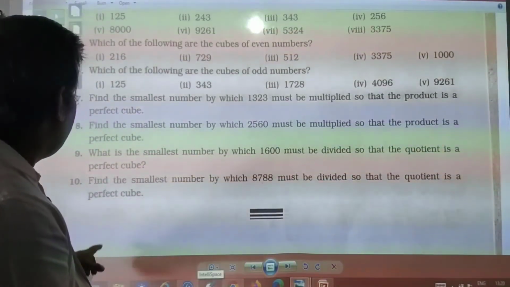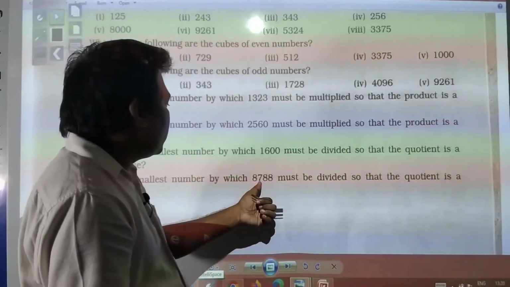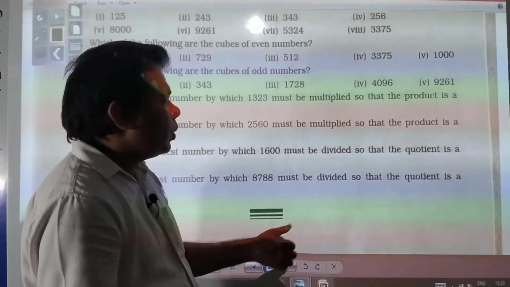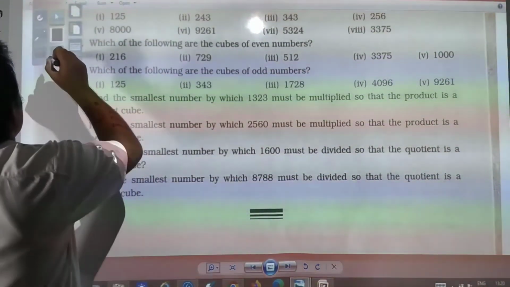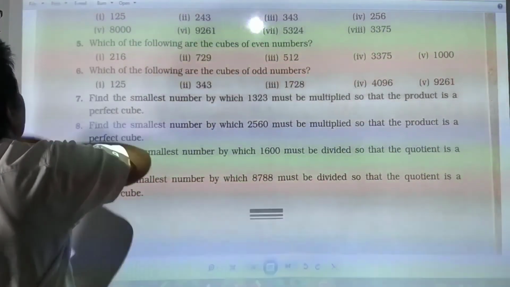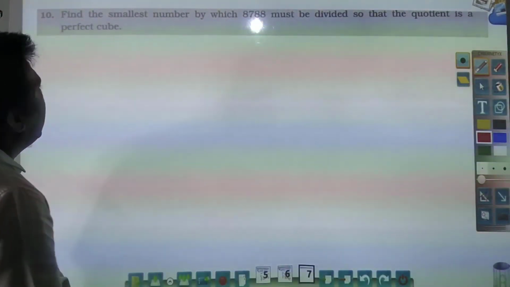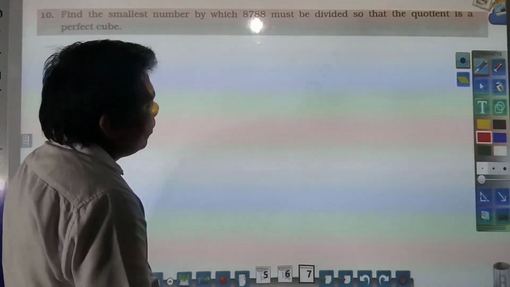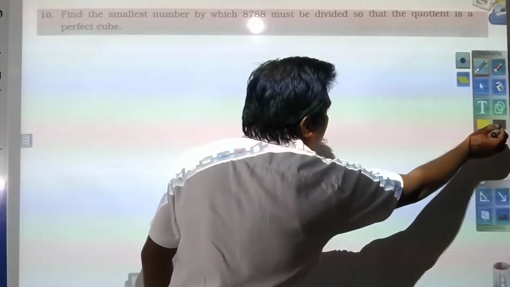Next, find the smallest number by which 8788 must be divided so that the quotient is a perfect cube. In the same way, this is also required to be done. Your number is 8788.